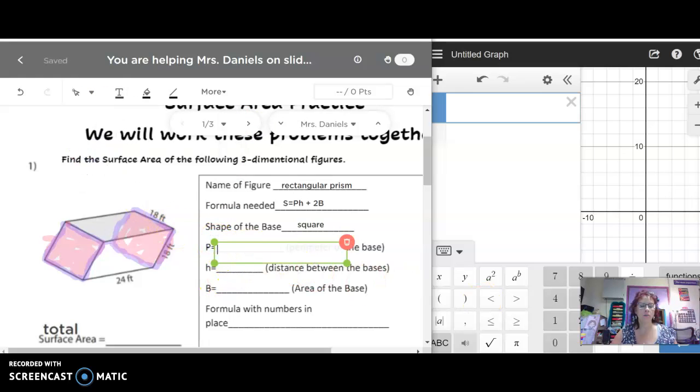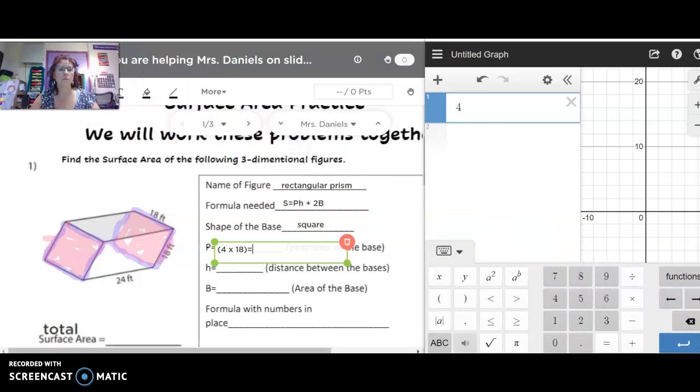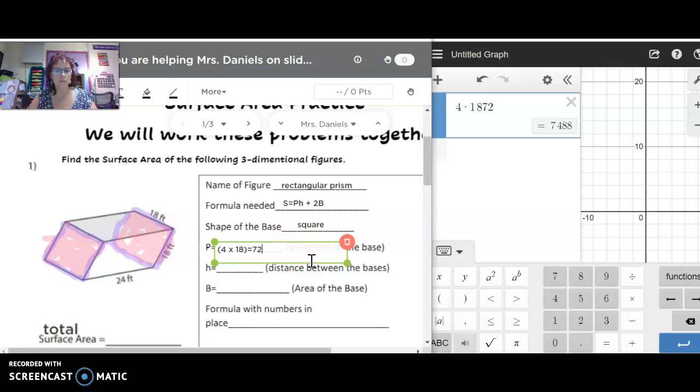We could also say 4 times 18. If I do that in Desmos, 4 times 18, that's 72. So capital P is 72. Perimeter of the base is 72.